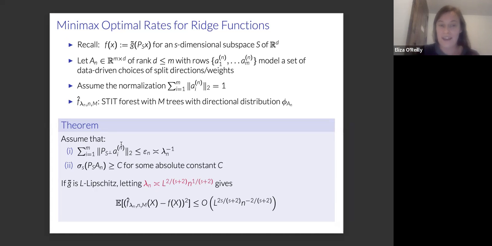If they're small enough, and if we're also still controlling how good the tessellation is in S, so if the S largest singular value of the projection of our matrix onto S is bounded below, this ensures that the diameter of the zero cell within S is still not going to be growing.